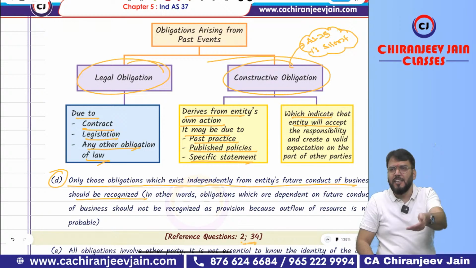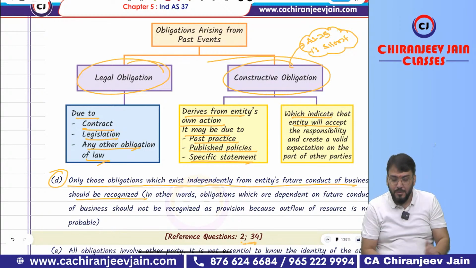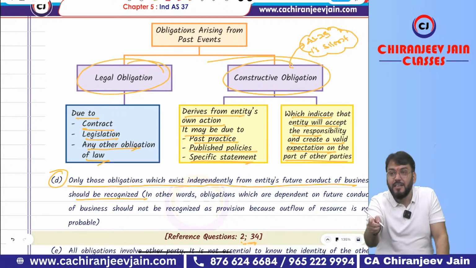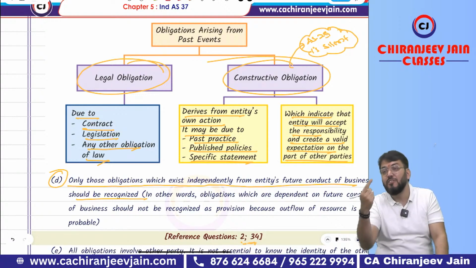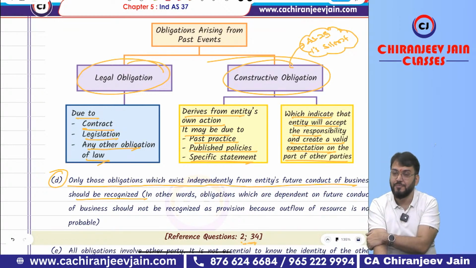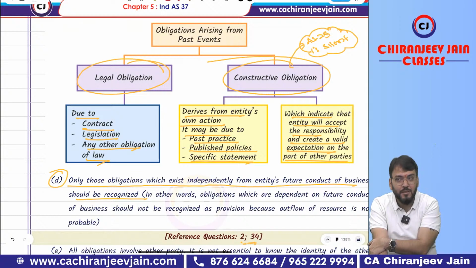Of course, I will accept the responsibility. And it creates a valid expectation on the part of the other party, means you expect to receive some award. This is a constructive obligation. Have you understood this point?